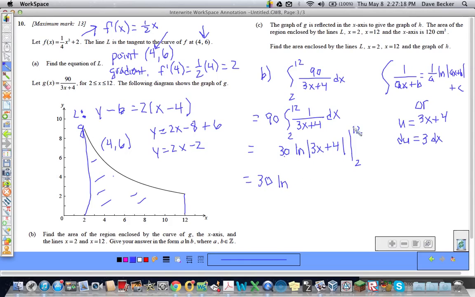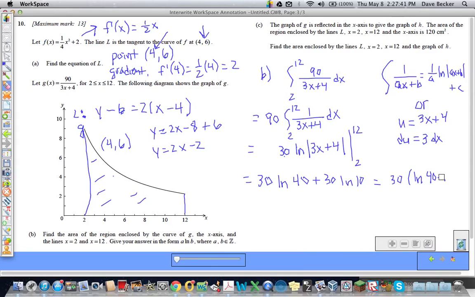This is positive, the 12 and the 2, so I don't have to worry about absolute value anymore. So that's 3 times 12 plus 4 is 40, so 30 natural log of 40 minus natural log of 10.